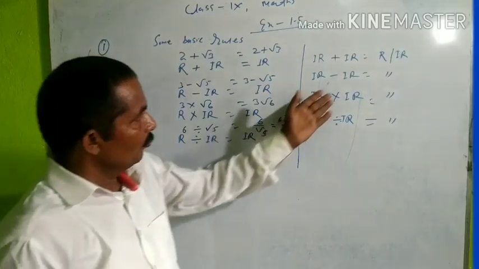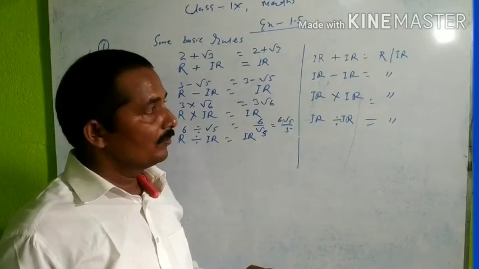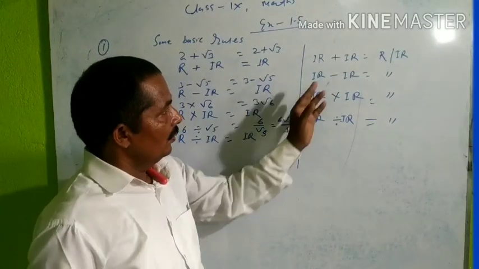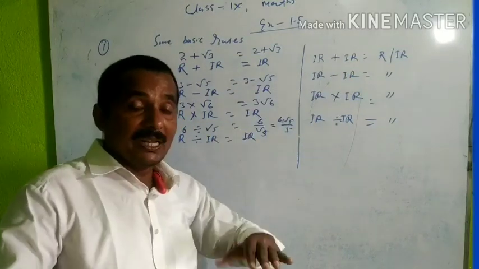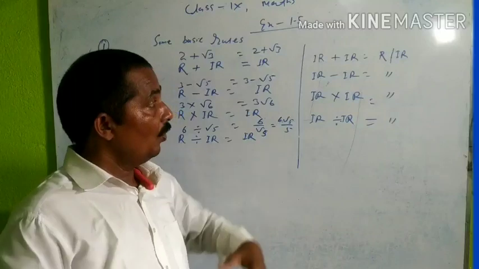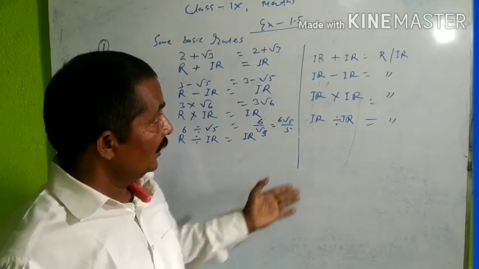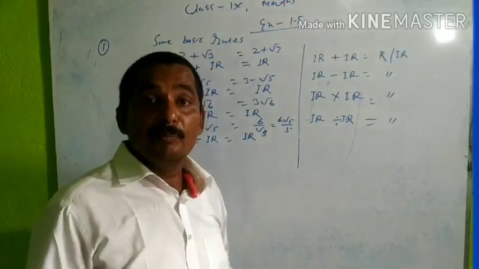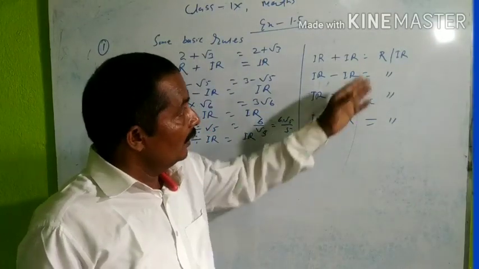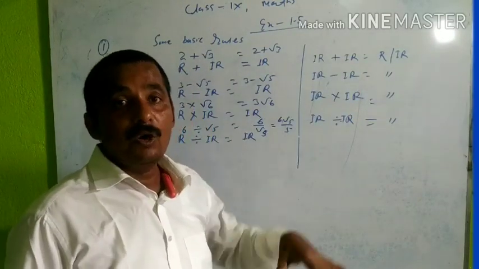Move to the next side of the blackboard. Irrational and irrational: if two irrational numbers are added or subtracted, the result may be rational or may be irrational.